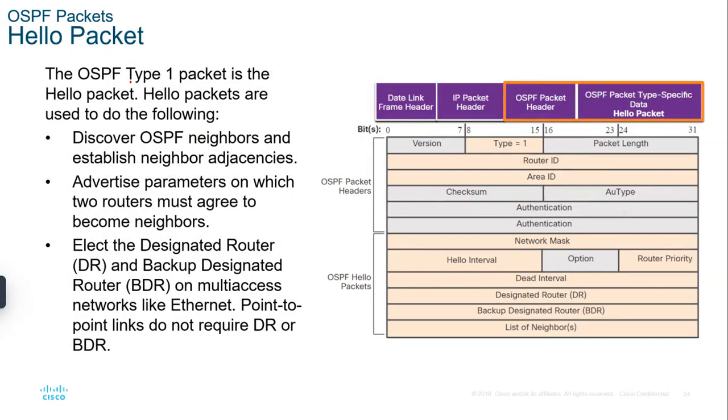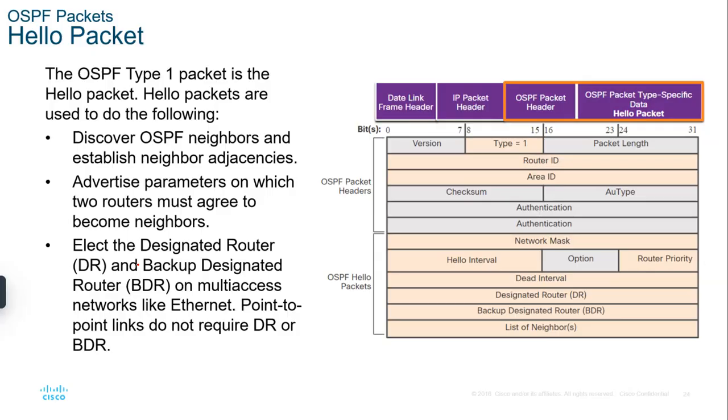So the hello packet here is OSPF type 1 packet. Hello packets are used to do the following: discover the neighbor, advertise the parameters on which the 2 routers must agree to become neighbors, then elect what we call the designated router or backup designated router.